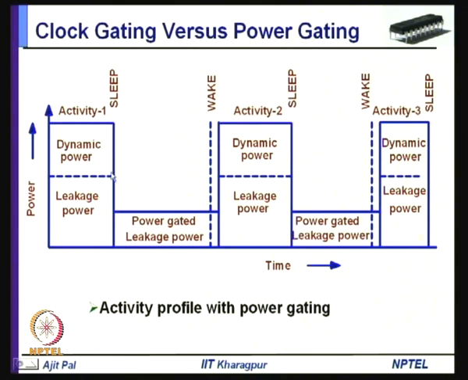As a consequence, the leakage power will not become 0, but it will definitely be much less than when you do not do power gating. So, compared to not doing power gating, you can see there is a reduction in leakage power. That is essentially possible because of the use of high VT transistors in series. So, this is the difference between clock gating and power gating.